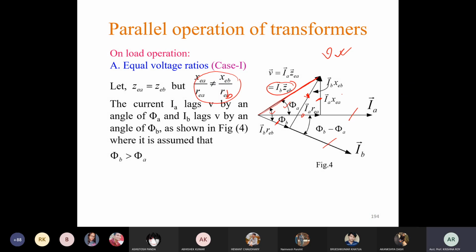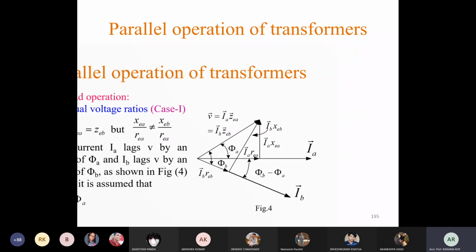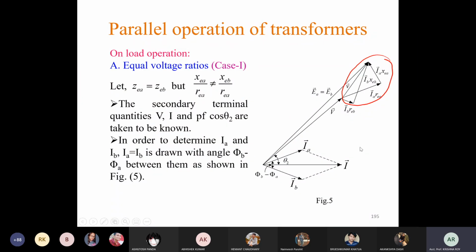That means this one. Okay, so this is the phasor diagram which will appear here.